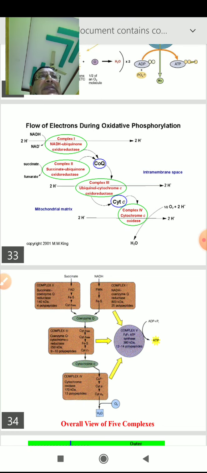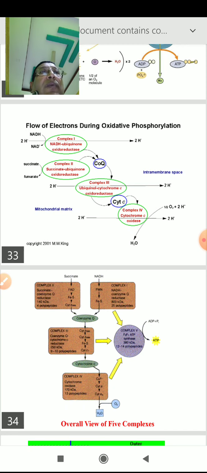This protein has a coupling force through which it brings all the hydrogen protons to enter complex 5, the F0 and F1 ATP synthase. As a result, ADP and inorganic phosphate couple, and ultimately there is a creation of ATP, or adenosine triphosphate, which has 3 phosphates.